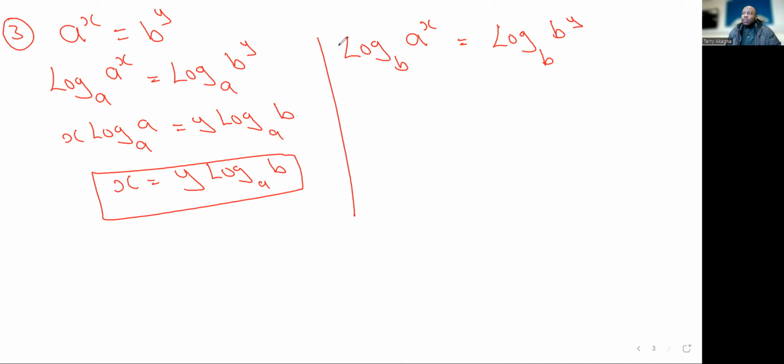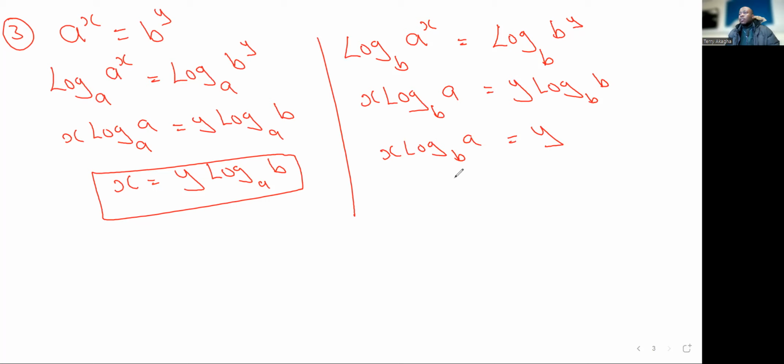You bring down the x, so x log a to base b will be equal to y log b to base b. b to base b will give you 1, so y will become x log a to base b, and that will be the answer for that. So therefore, y is equal to x log a to base b.